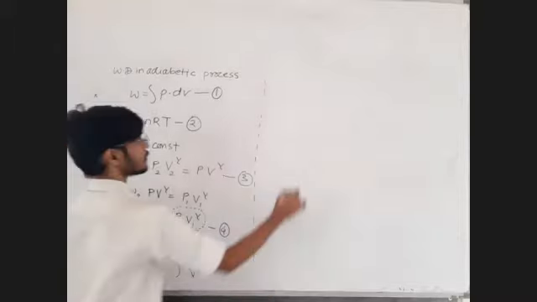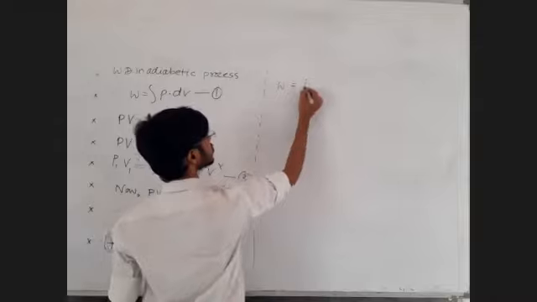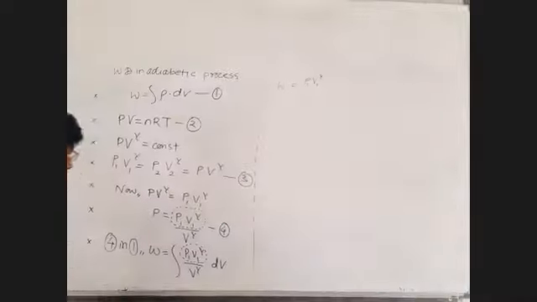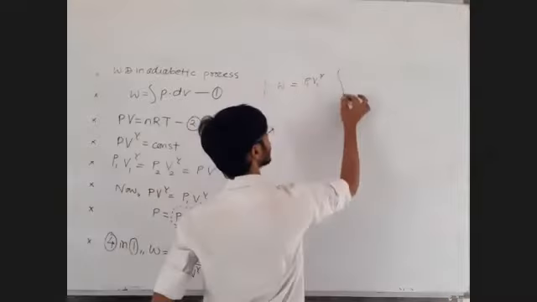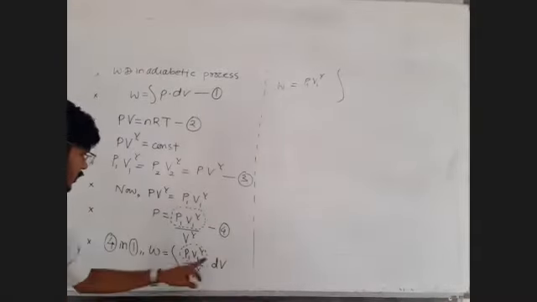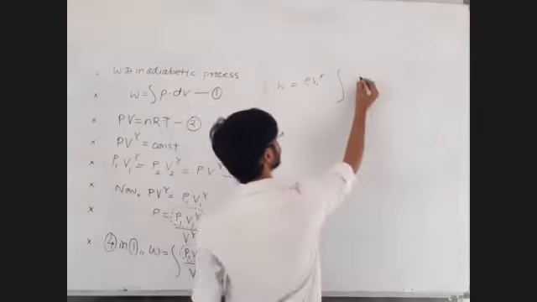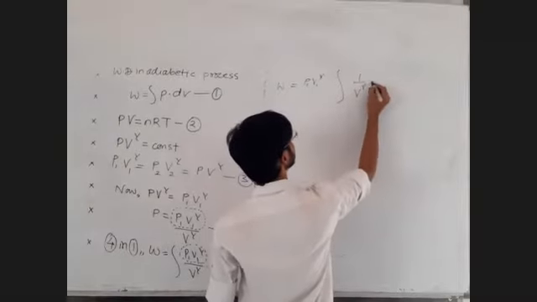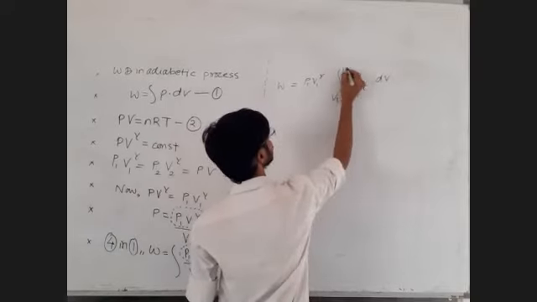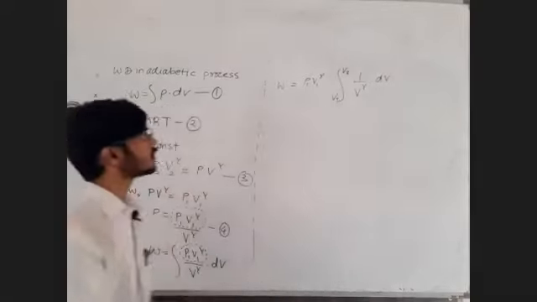Now sir, again integration of 1 upon V raised to gamma into dV, and volume limits are V1 to V2.